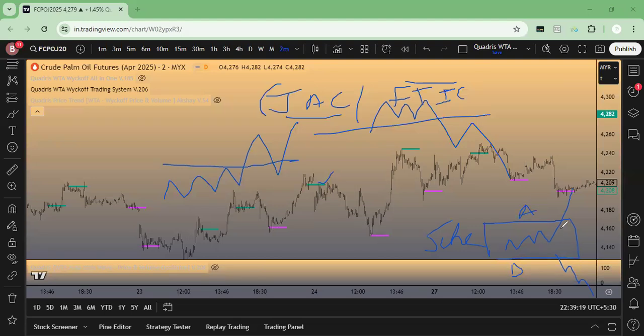And what is the most desired area to enter into any given trade? That area is jump across the creek and fall through the ice. Few people speak about this, but nobody explains it.